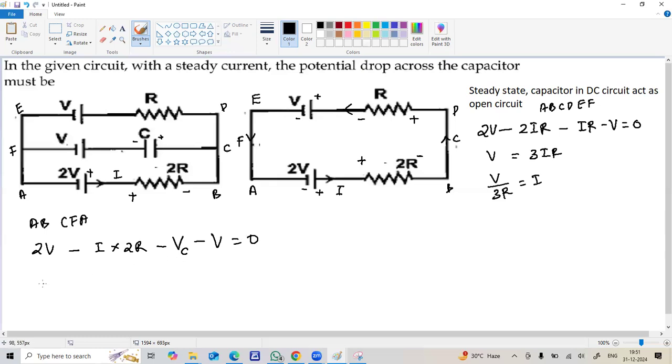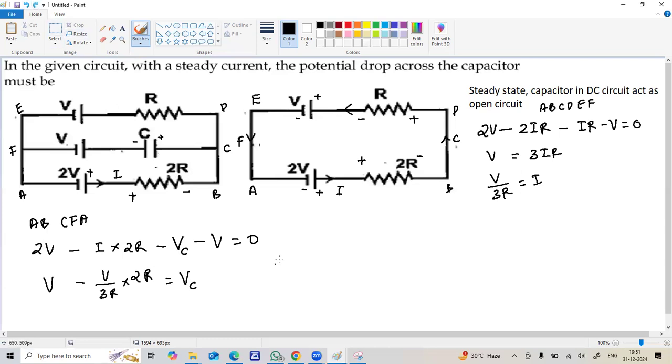So 2V minus V is V, minus I, which we already calculated as V by 3R, into 2R, minus VC equals 0.